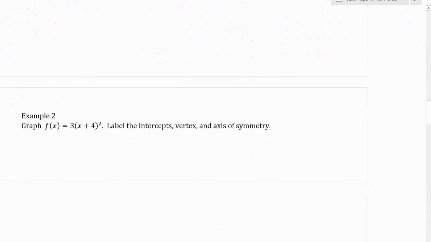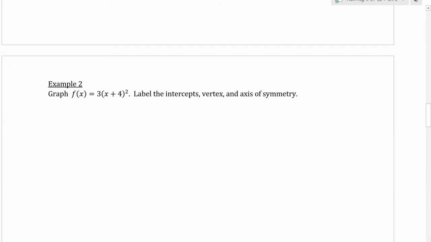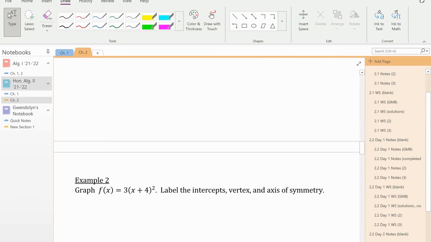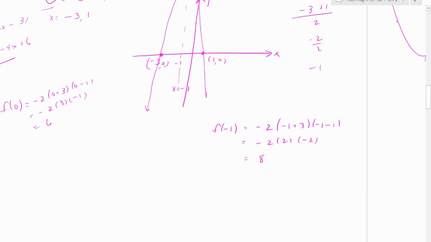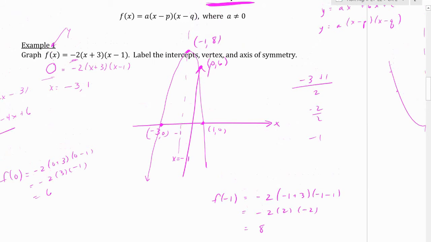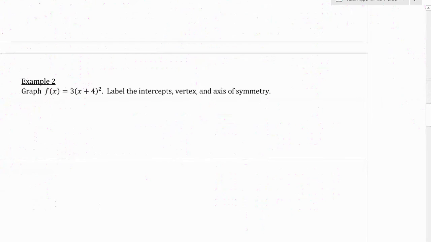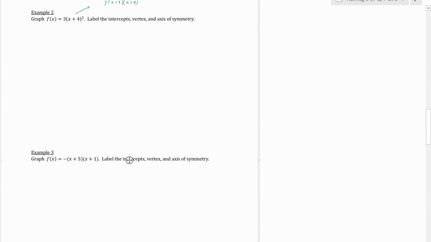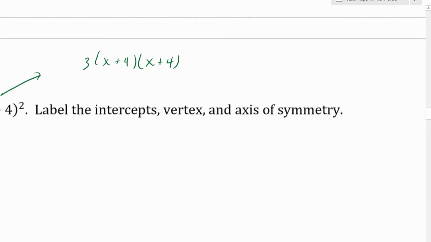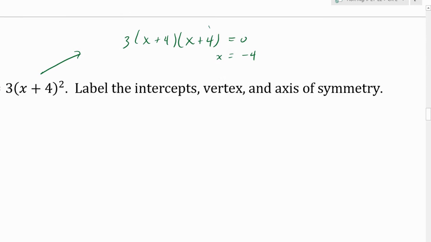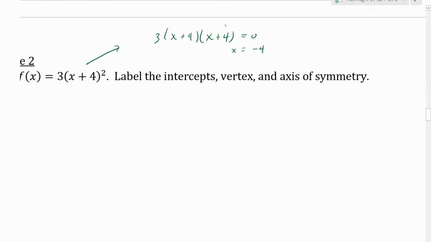Okay. All right, let's try another one. Ooh, what about this? Well, this one has 2 of the same x-intercepts. That's the same thing as x plus 4 times another x plus 4. So if I were to set that equal to 0, the only x value that makes that equal to 0 is x is -4.